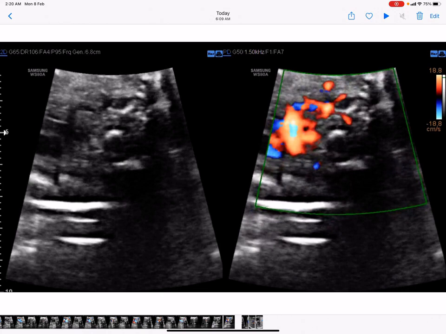I meant to say, you can mistake these two structures, that is brachiocephalic vein and azygous arch, sometimes with a normal right subclavian artery or an aberrant right subclavian artery. Okay, so you have to be a bit cautious.